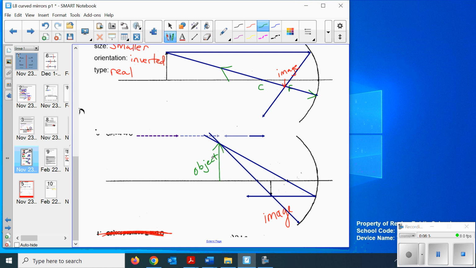So do you see you can do these in reverse? So what this tells you, if you want a smaller inverted image, you need the object beyond the center, right? You gotta know these frontwards and backwards.